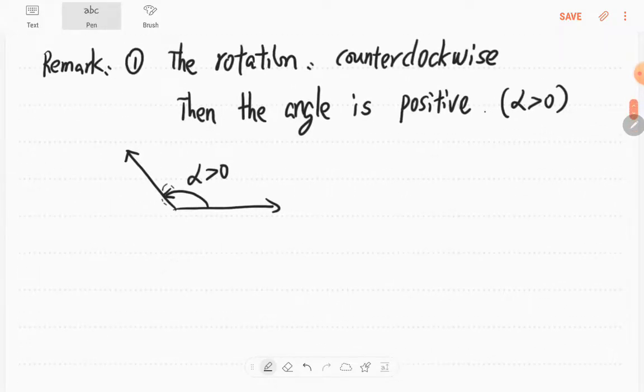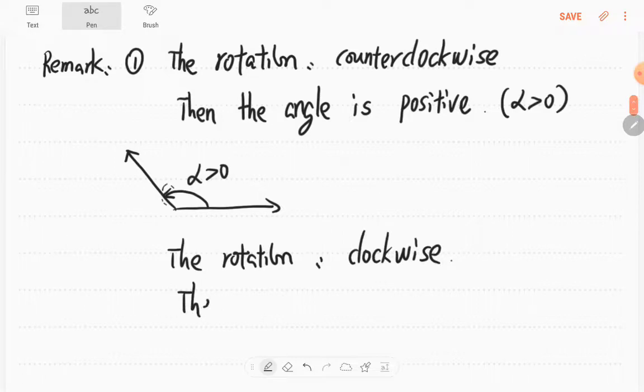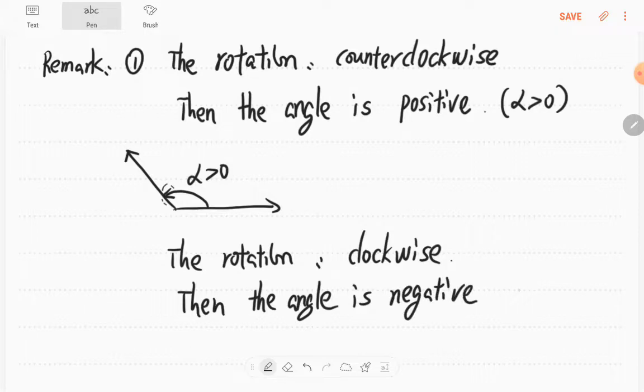If the rotation is clockwise, then the angle is negative. If this angle is beta, then beta is less than 0.